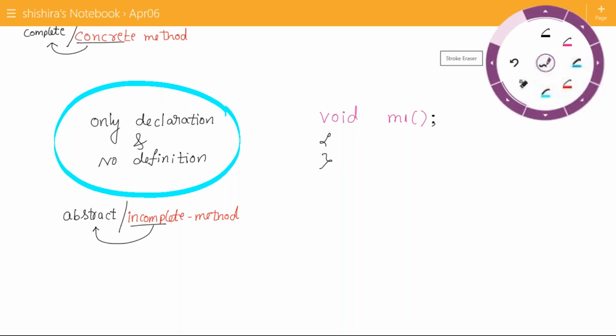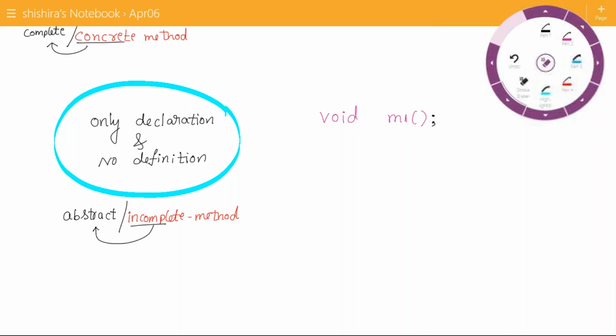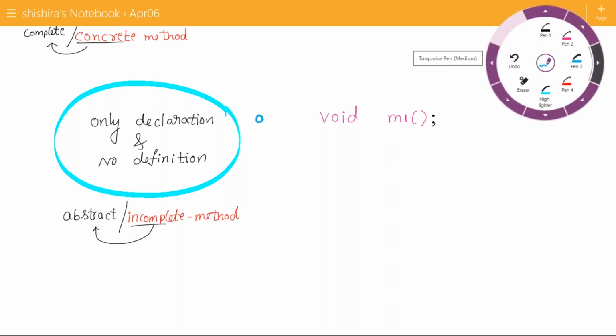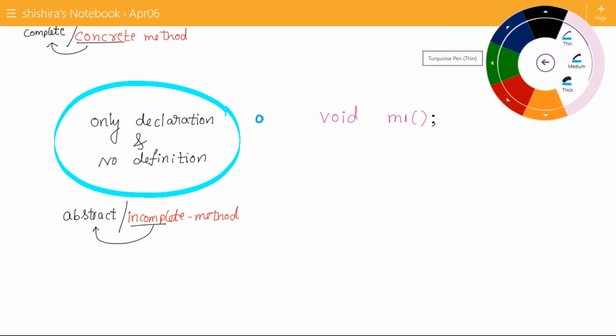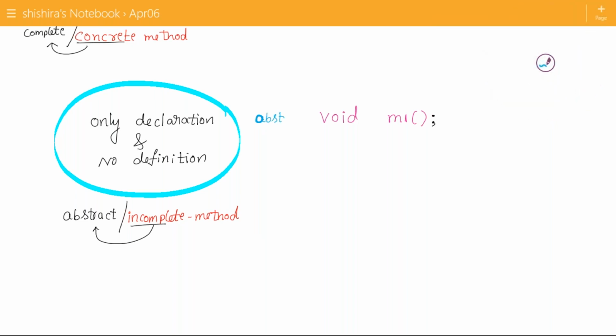Such a method is called an abstract method. You have to be careful: you have to declare such a method by using the keyword abstract.